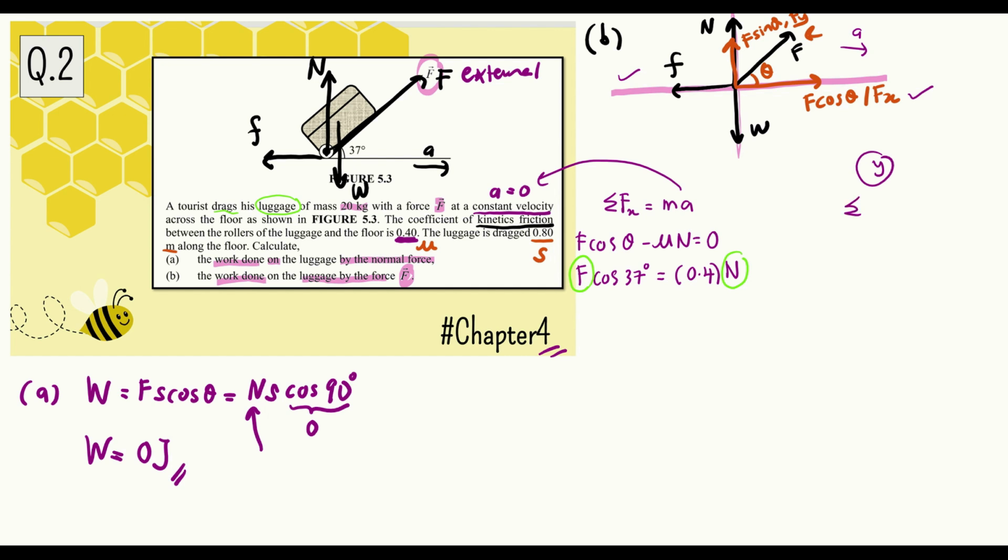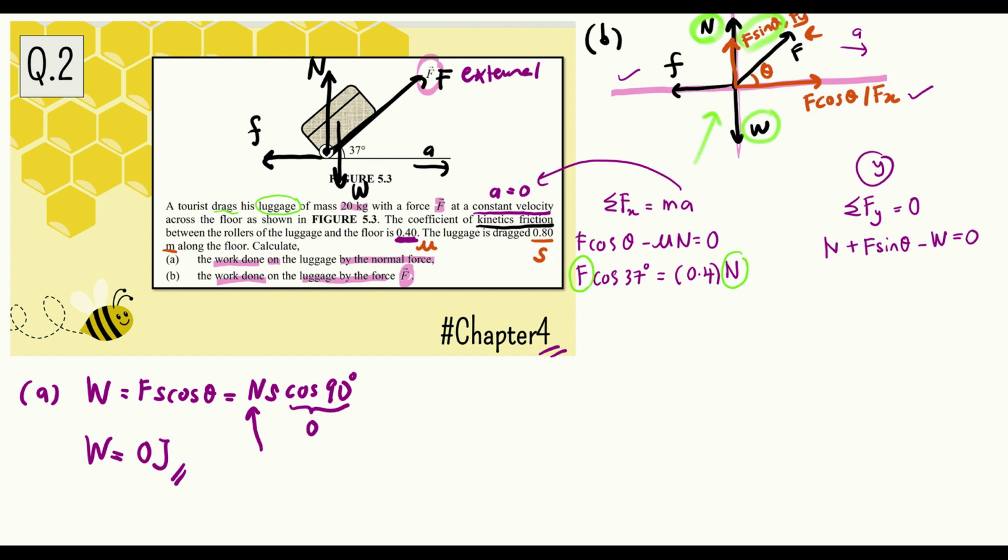From the y-axis, summation of Fy is equal to 0, as there is no motion in the y-axis. If we refer to this free body diagram, for the y-axis we have normal, F sine theta, and weight. So we have three forces acting on the y-axis. The ones going upward are positive, N plus F sine theta, and the one going downward is negative, minus W, equal to 0.